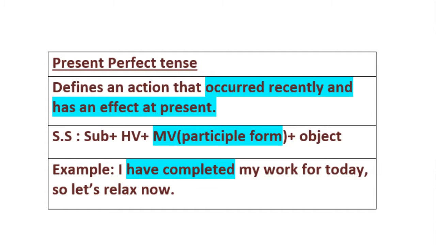So let's say an example. I have completed my work for today, so let's relax now. Now, here the main verb is complete and the helping verb is have. So the main verb is in participle form and we are using the helping verb have.